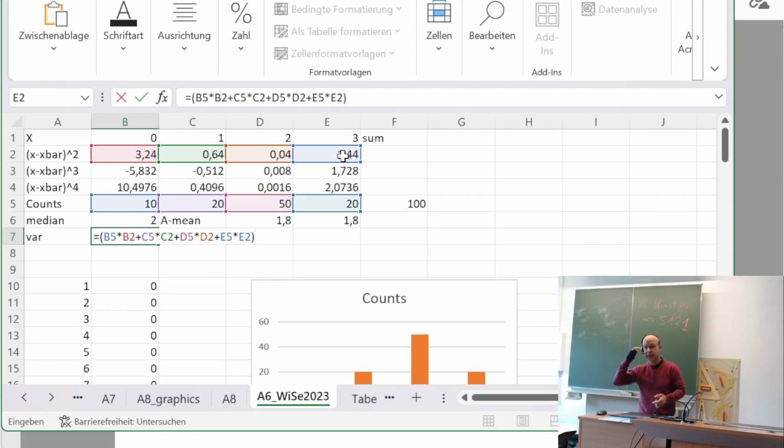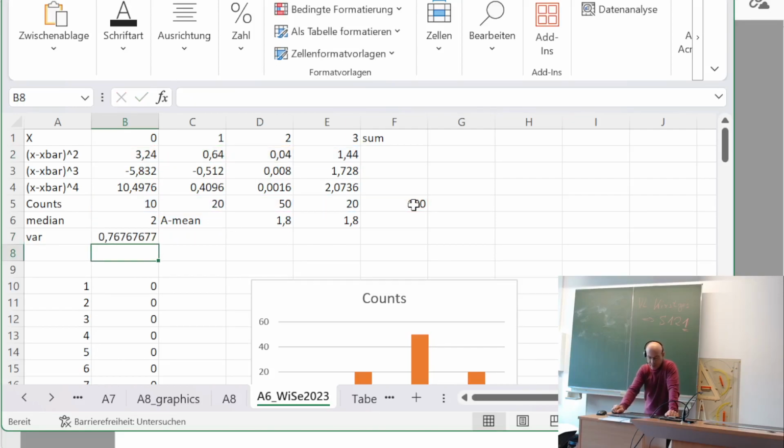Unbiased means divided by n minus 1. So over 100 minus 1. This would be then the variance.